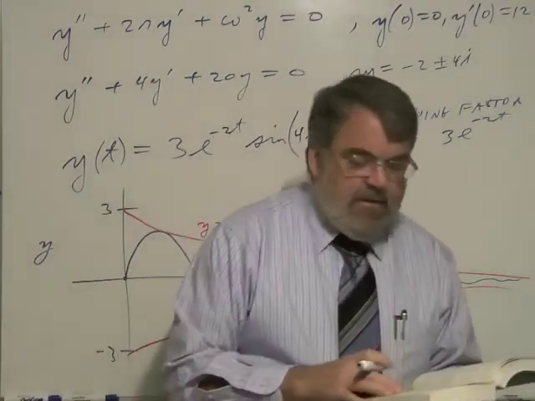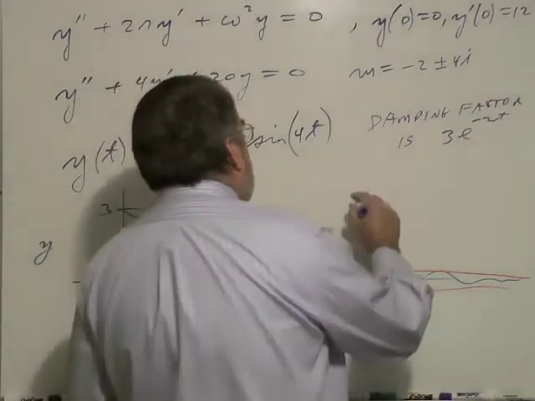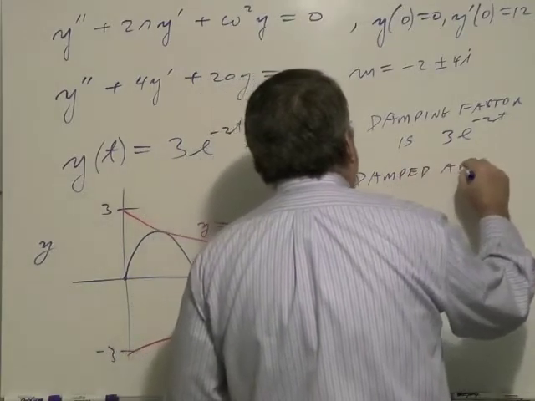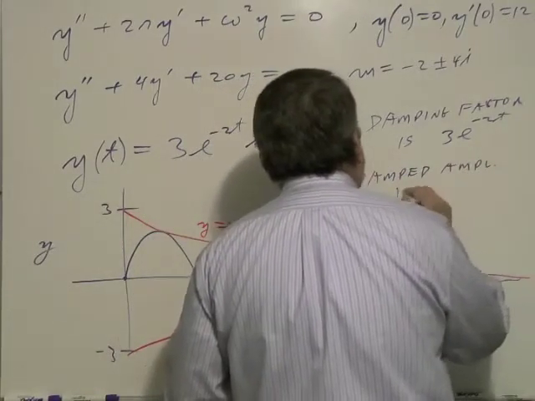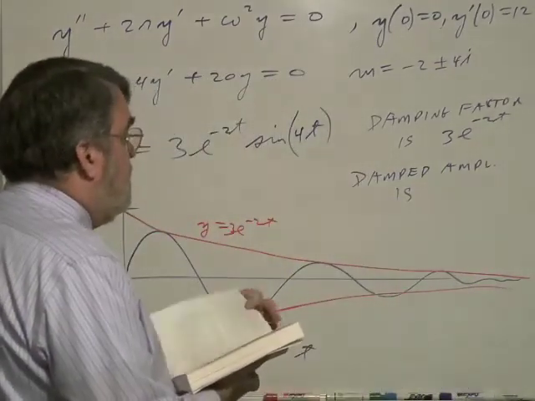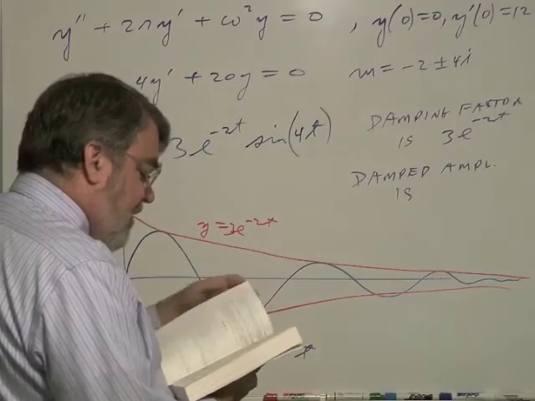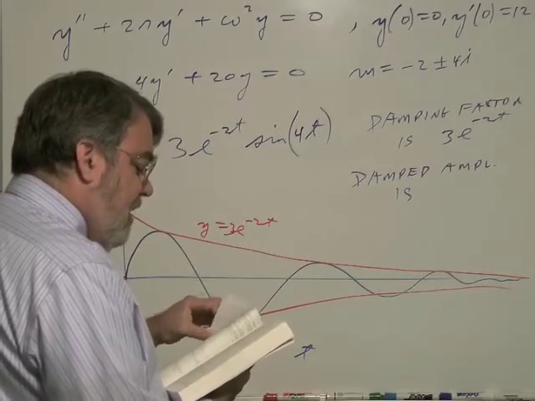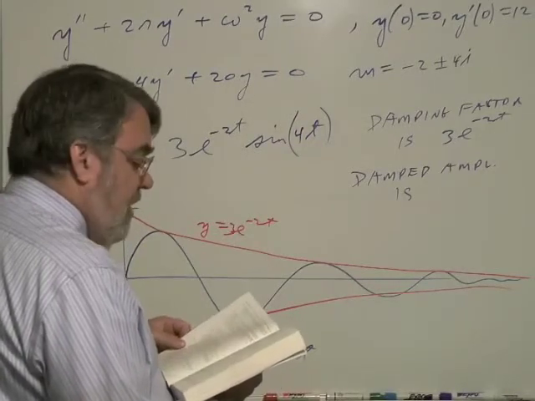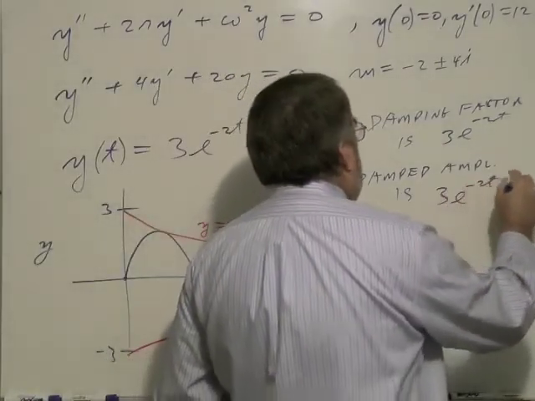Now they also want to know the damped amplitude. The damped amplitude is, oh, wait a minute, I'm a little confused. So let me resolve my confusion here. Well, the damped amplitude is 3e to the negative 2t.